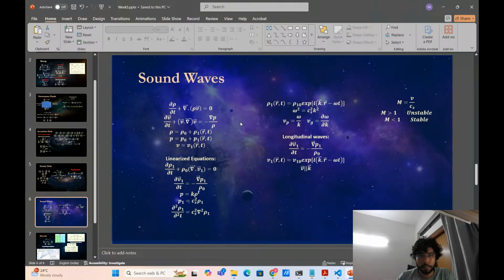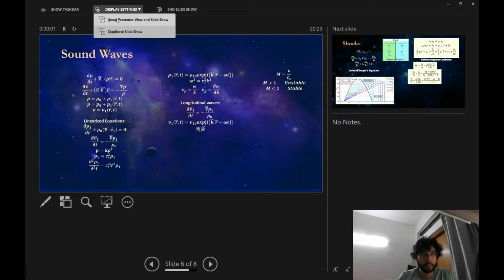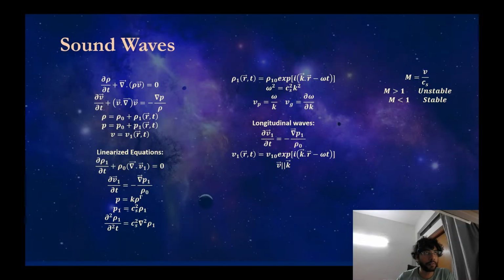Okay, so moving on to the next topic, which is sound waves. So again, we go back to our basic continuity equation and the momentum balance equation, and we do something called a linear stability analysis, right?